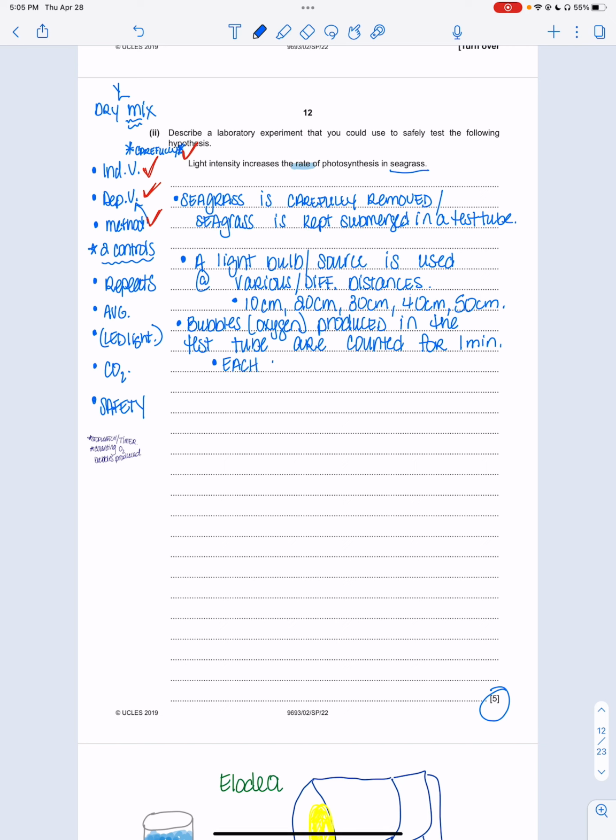Each will be repeated 5 times for each distance.